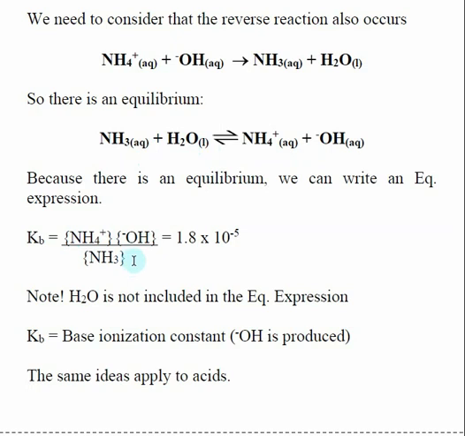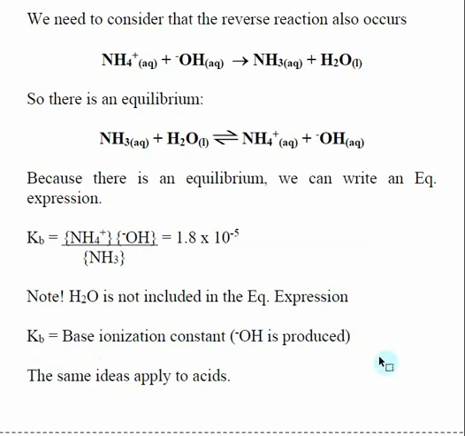And also what we have is this equilibrium expression is equal to an equilibrium constant, in this case 1.8 times 10 to the minus fifth. So this is a specific type of equilibrium called a Kb, and it is defined as a base ionization constant, and we know we're talking about a Kb expression when hydroxide is produced.